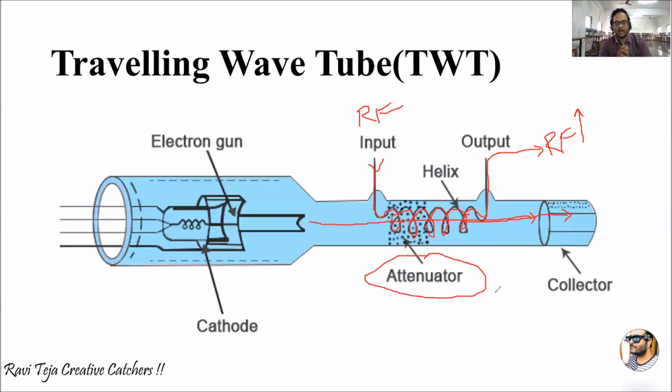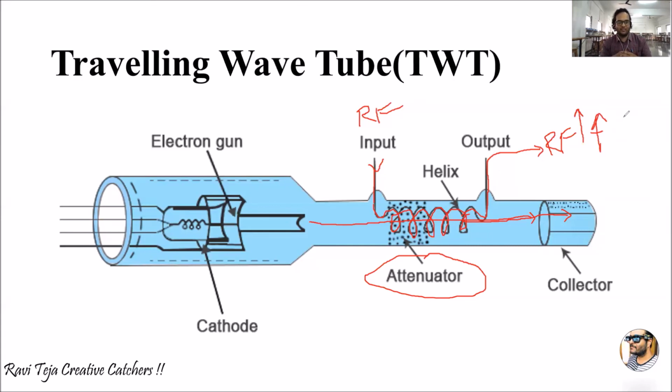Whenever it gets in contact with the electrons, the RF signal gets amplified, and the outcoming signal will be an amplified signal.